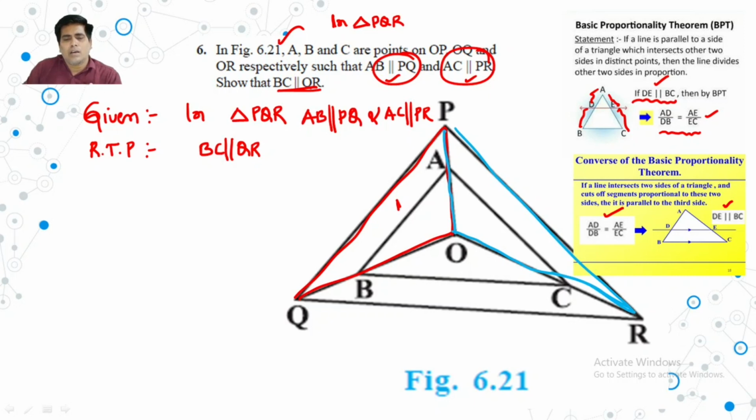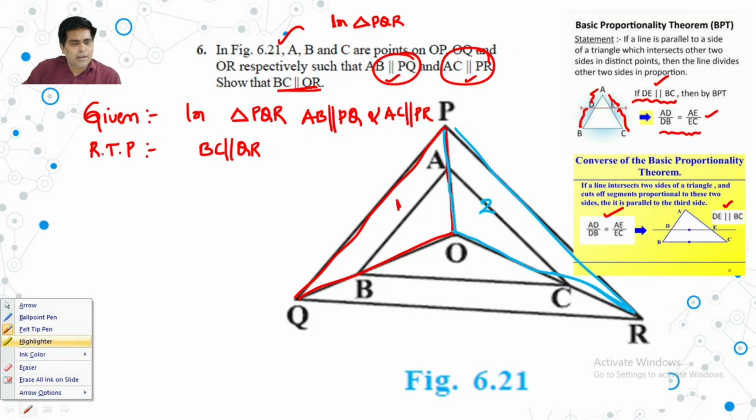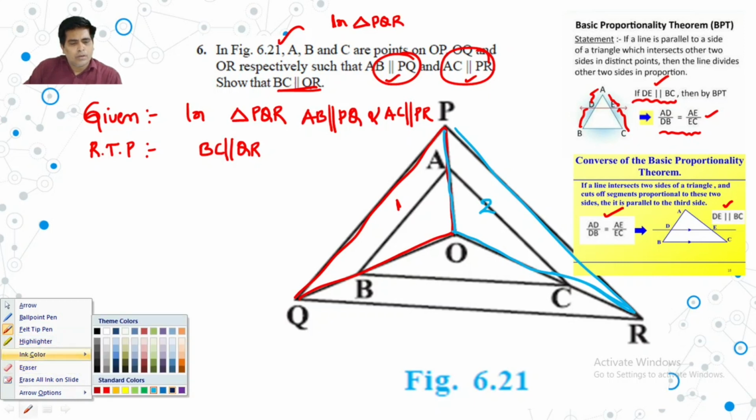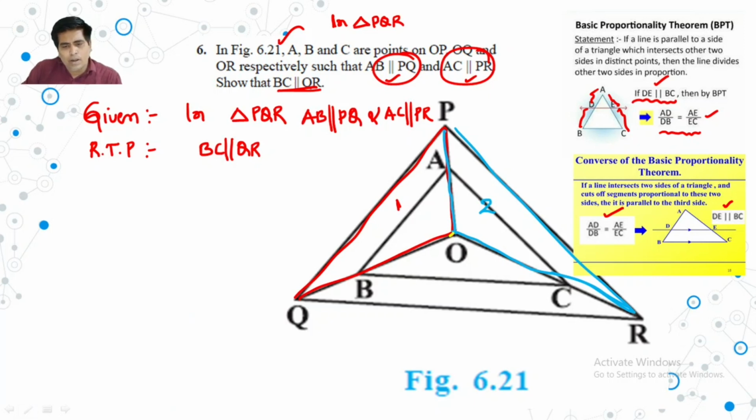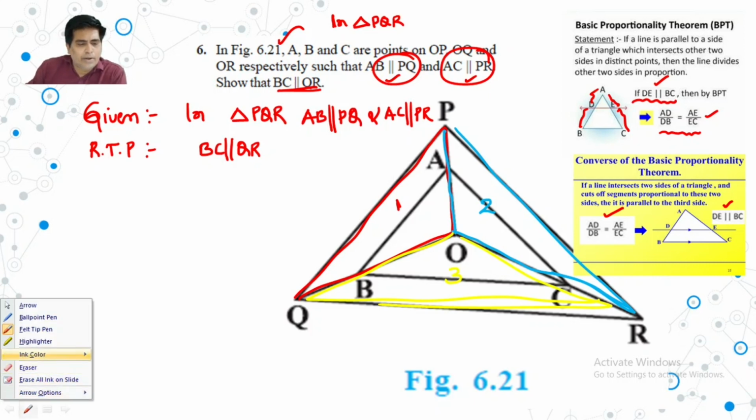First, I will use these two triangles, based on these two statements, to prove that BC is parallel to QR. Look at this triangle, the lower one. This is one more triangle. So in total, I have divided the big triangle into at least 3 parts. Now we will solve this question.